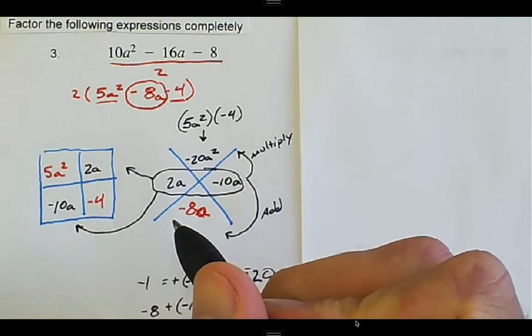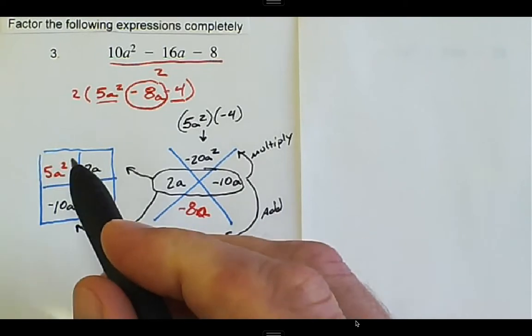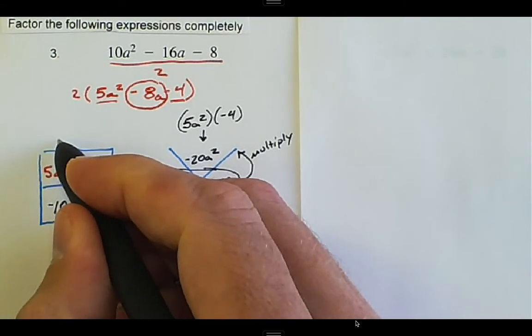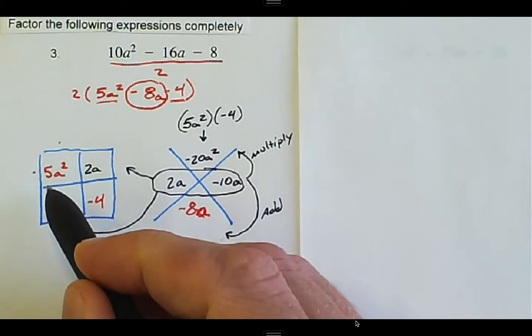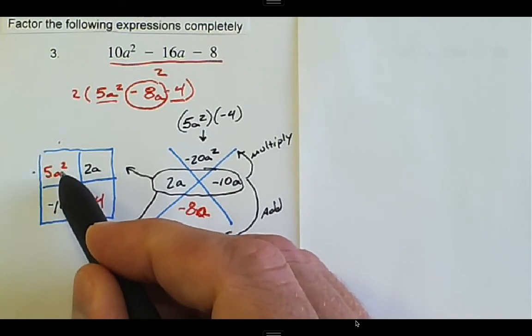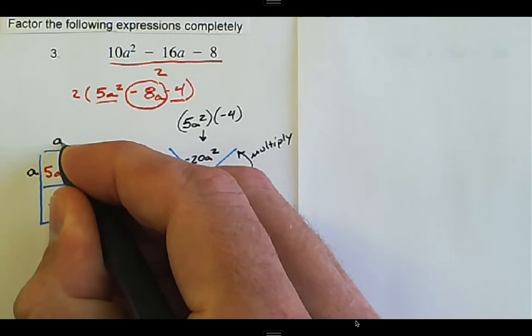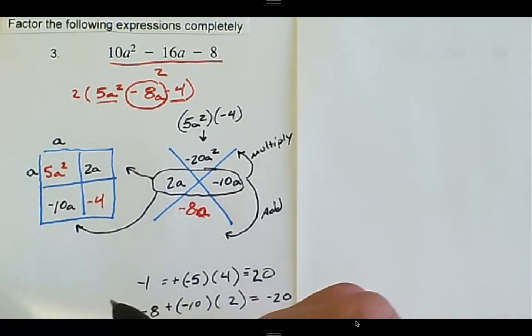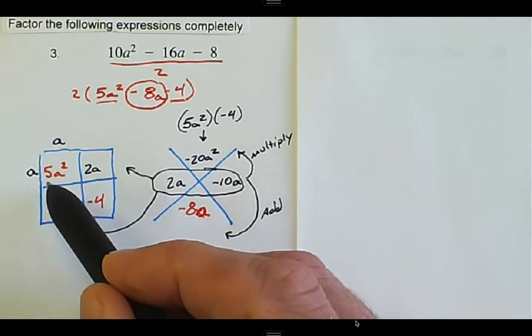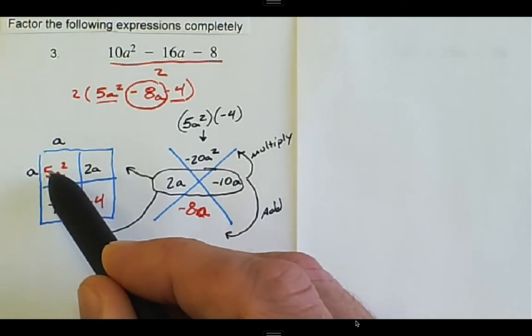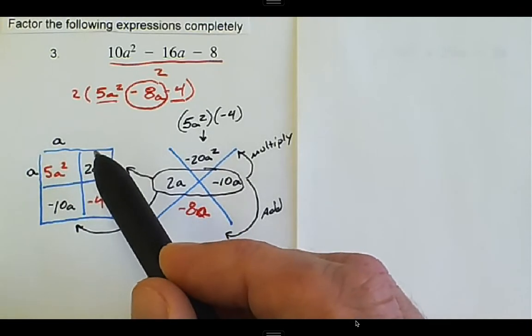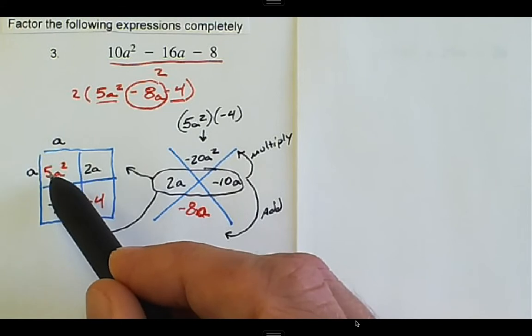So now we have to use our algebra tiles. So we have to have two numbers. One's going to go here and one's going to go here, and they have to multiply together to get to 5a squared. So the a squared part has to be a and a. That's the only way that we're going to get a squared. And then we have to come up with 5. What would get us 5? Well, the only numbers that we have are 5 and 1.